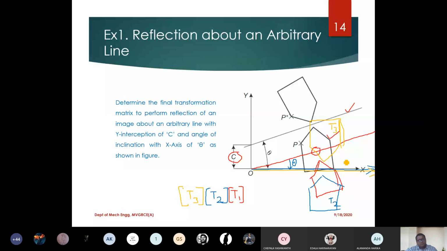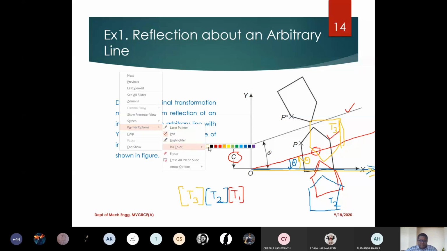Then what should I do? Rotate this yellow x-axis along with the yellow colored object back by theta. This cyan or blue color theta is a negative theta actually. Now positive theta, by applying positive theta.